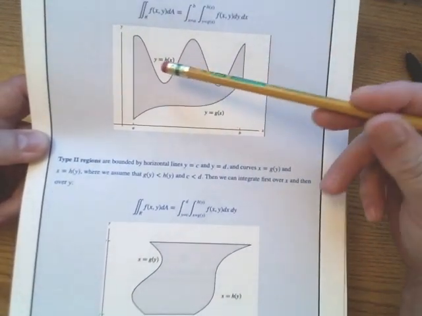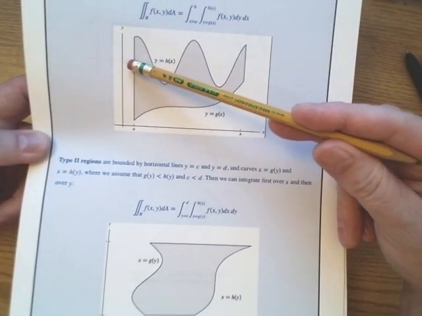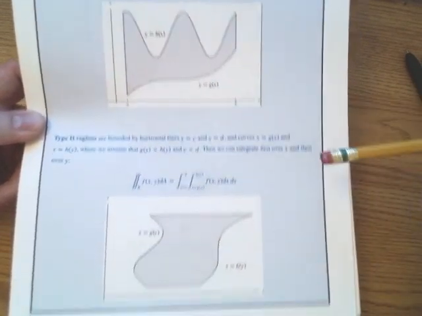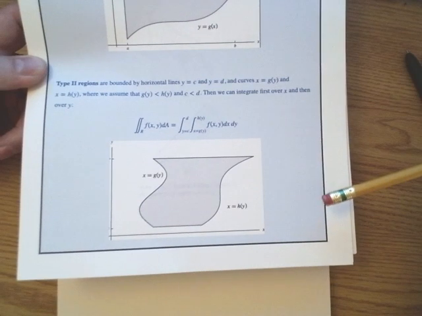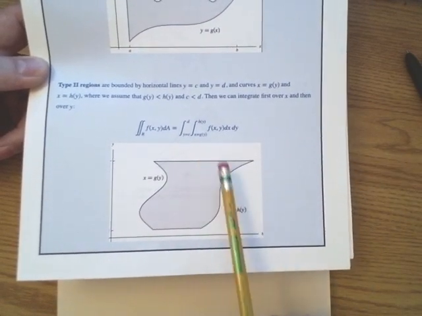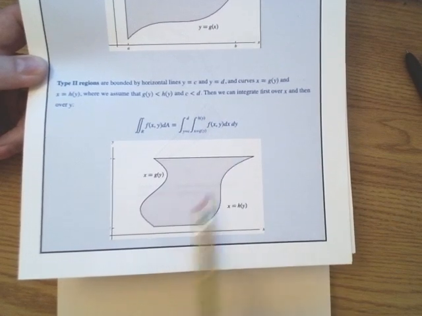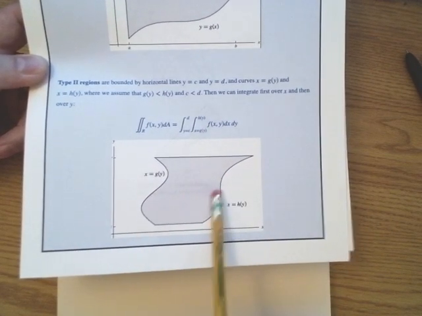Same as the other case, would you really want to go in the y direction first? Oh my goodness, that would be a mess, wouldn't it? You'd have to break it up into multiple integrals. So this one looks like this: the integral of f of x, y dx, where you want to come this direction first.